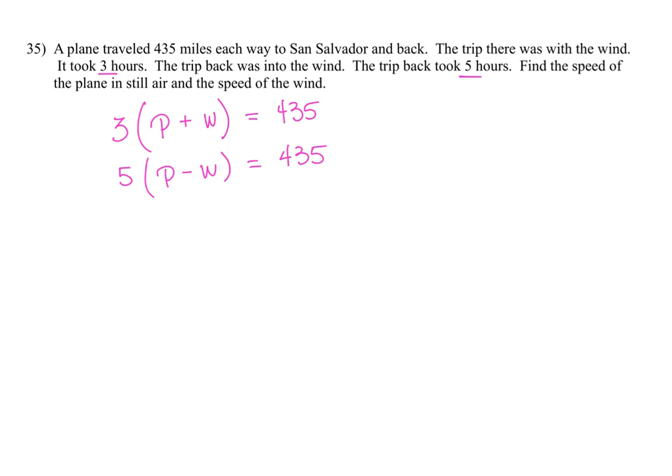I am always going to divide out this number that's in front, so that I end up with just the P plus W here. And I'm going to divide the 435. And then I'm going to have the P minus the W. And I'm going to divide there.